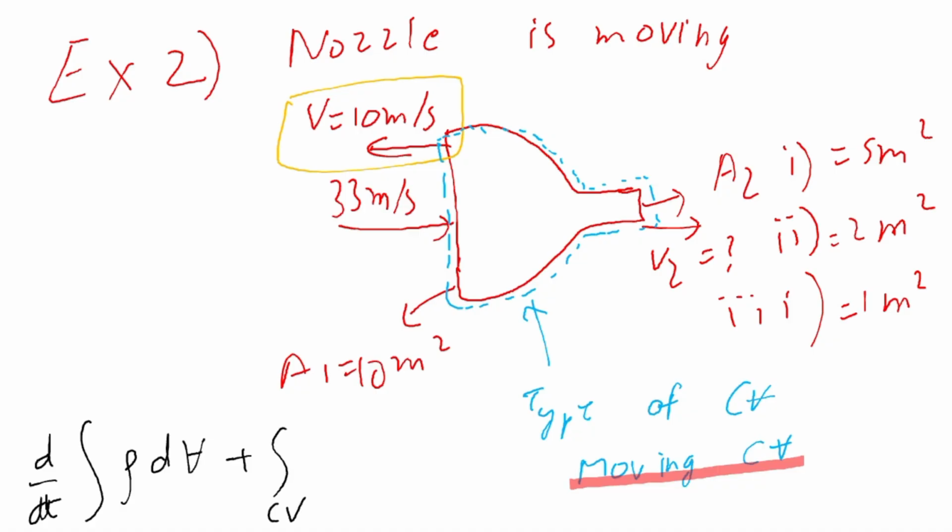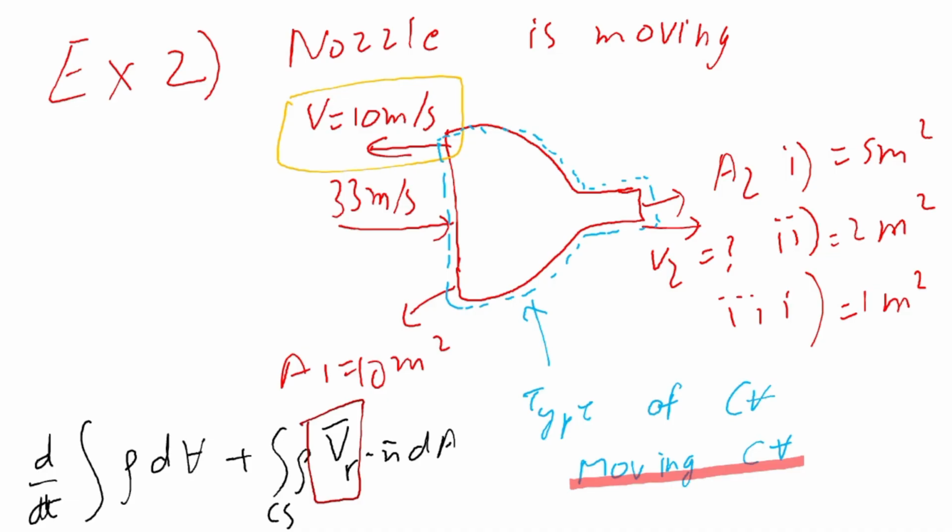The first term represents the time rate of change of mass inside the control volume, and the second term is the flux through the control surface. But the biggest difference is this V_R. It is no longer V. You use relative velocity instead of absolute velocity in this case.